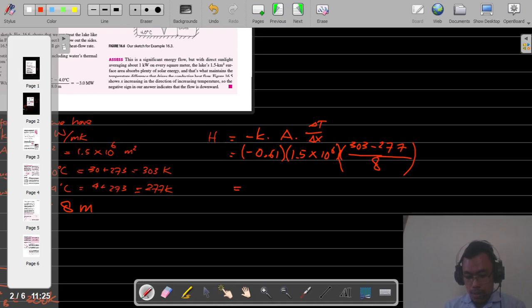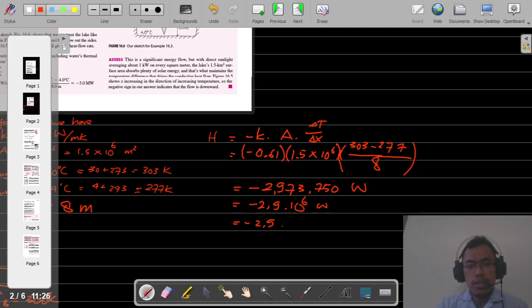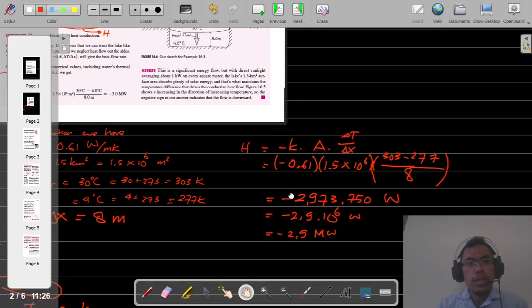Minus 0.61 times 1.5 times 10 to the power of 6, and then 303 minus 277 divided by 8, and we got minus 2,973,750 watt, or minus 2.97 megawatt.